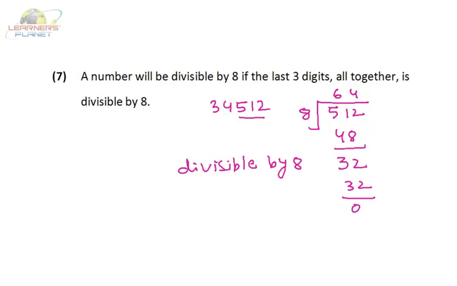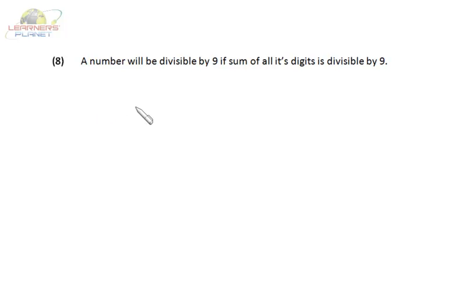Now let's see the divisibility rule of 9. A number will be divisible by 9 if the sum of all its digits is divisible by 9. Let's take one example. Suppose I have a number 92718. Now I have to check whether this number is divisible by 9 or not.